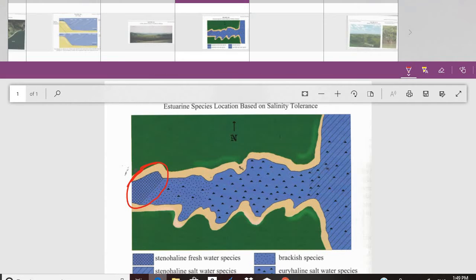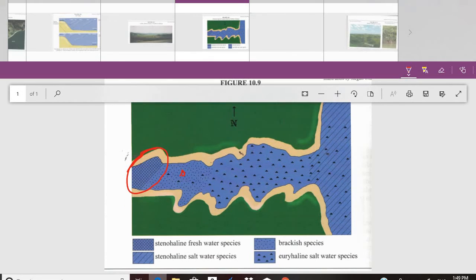But here we have organisms that the triangles would be represented by, euryhaline, because they can live in a very salty environment, but they can also live in a brackish environment. So they can tolerate wide ranges of salinity.